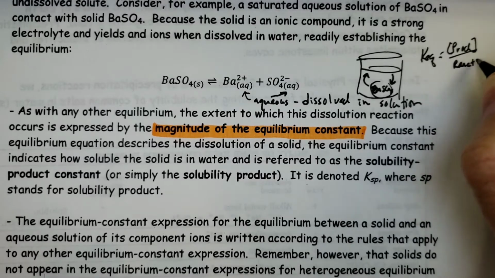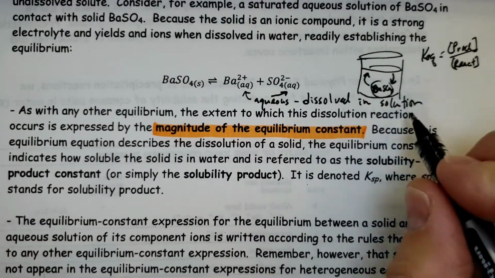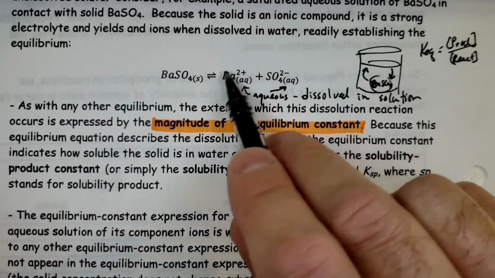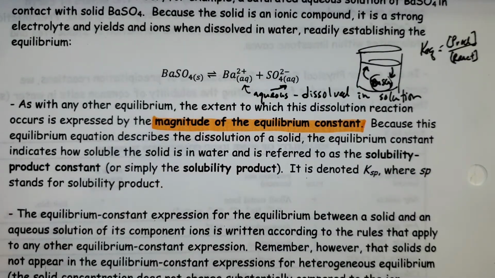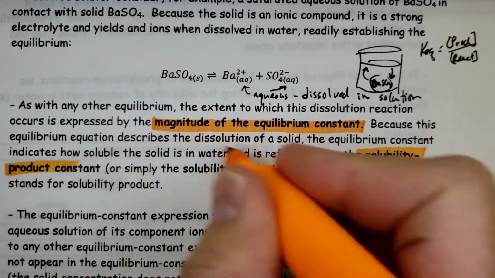So if we get a big number, that means there's a lot of products compared to reactants. So the larger the K value is, the more products are, or in this case, the more dissolved ions there are. Okay, so this is called the solubility product constant, or simply solubility product.